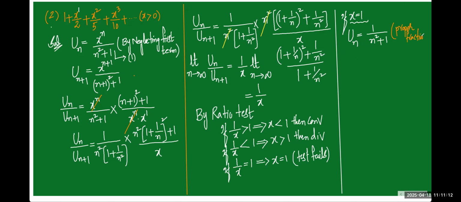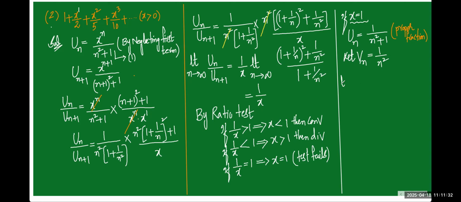The degree of numerator is n power 0, which is always less than the degree of n power 2, which is there in the denominator. Such fraction is called proper fraction. So we can easily choose the auxiliary series Vn, taking highest power of n from numerator is 1, highest power of n denominator is n square.